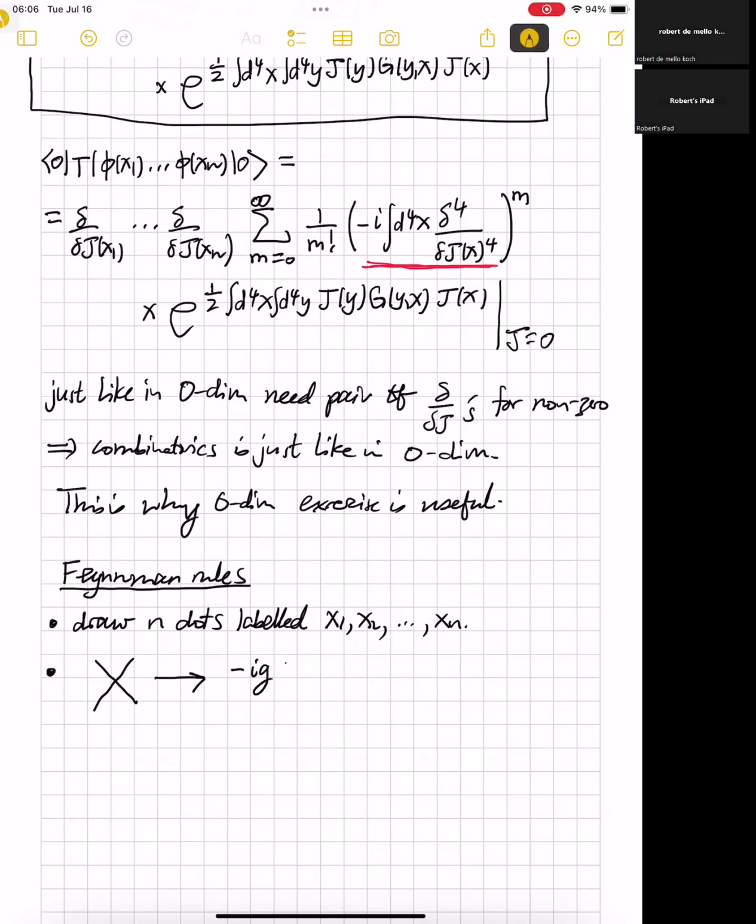We'll have a 4 factorial, that factor of 24 that we had. That's part of the combinatorics. And as I just told you, the combinatorics doesn't change. But there's a bit more. You see, there's an integral d4x. So now we need an integral d4x, and we need to label our vertex as living at the point x. So that's slightly different to in naught dimensions, but not too bad.